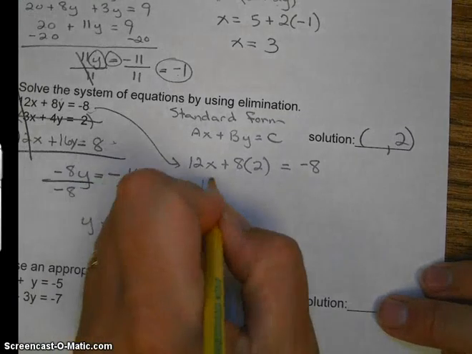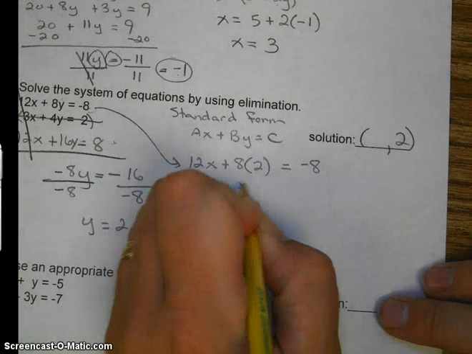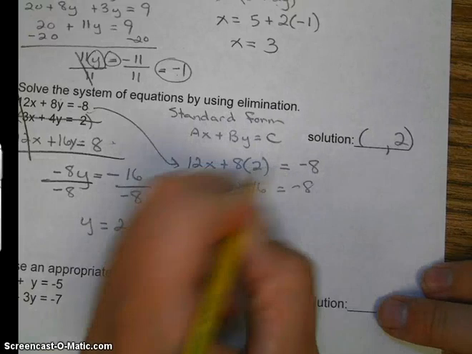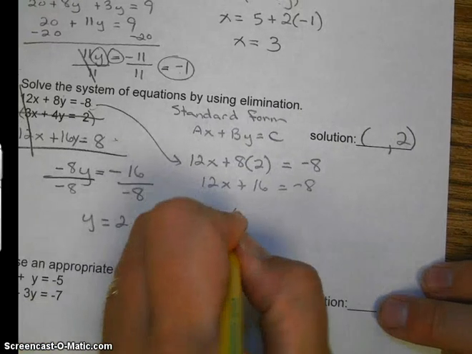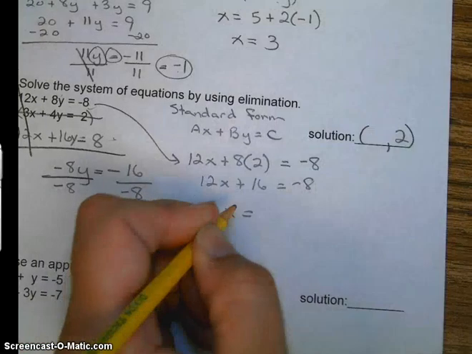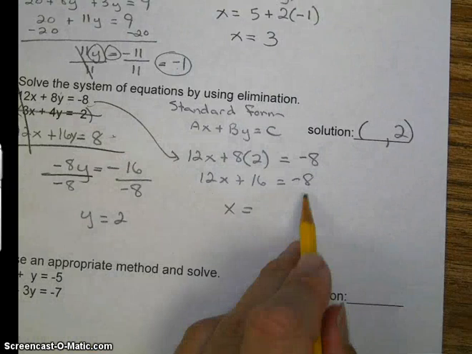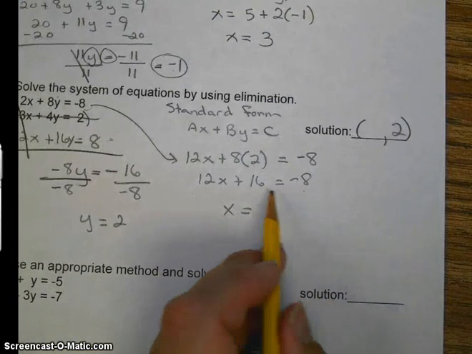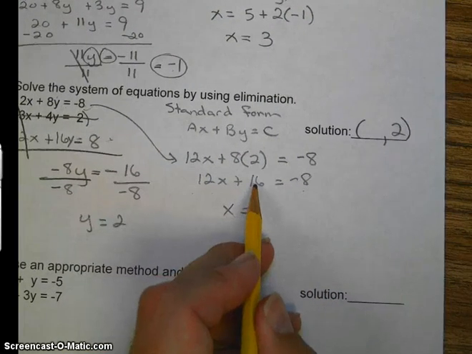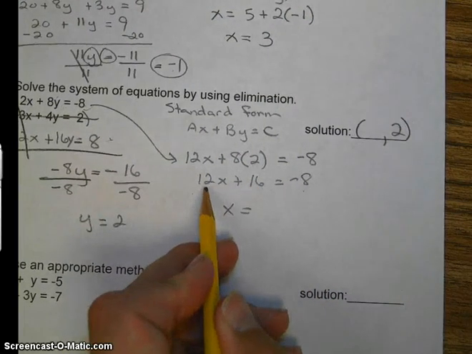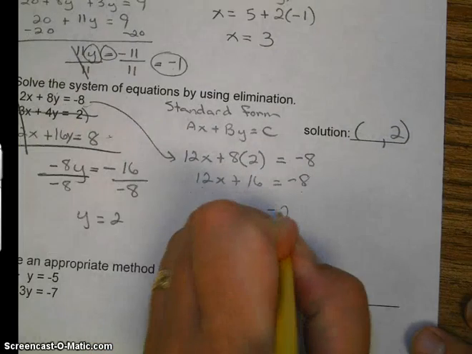Solving for x, we end up with negative 8 minus 16 divided by 12, negative 2.